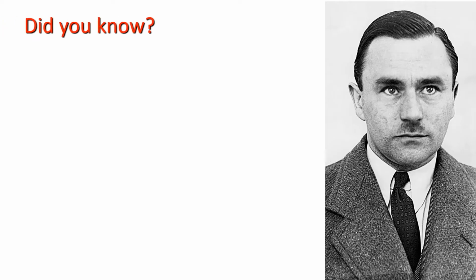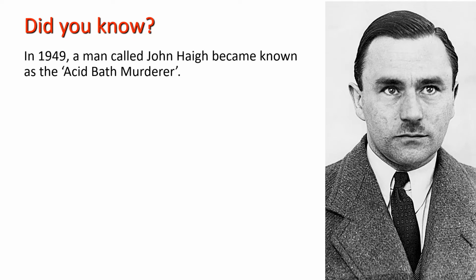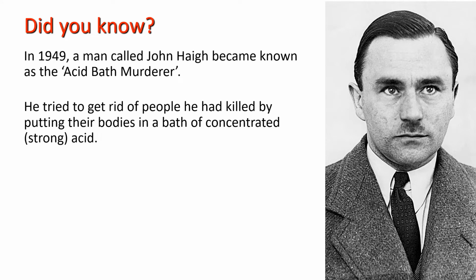But did you know that way back in 1949, a man called John Haigh became known as the acid bath murderer? He murdered several people and tried to get rid of their bodies by putting them in a bath of really strong concentrated acid.